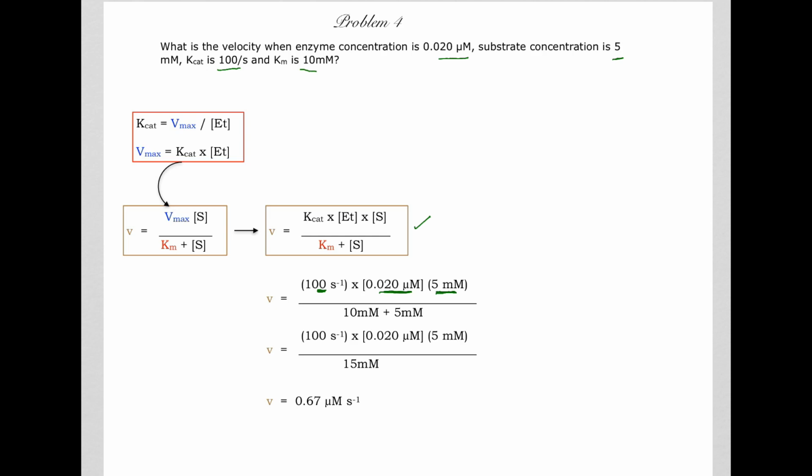Km is the same unit, 10 millimolar. Now notice that we didn't have to change this unit because this millimolar here and this millimolar here cancel. Okay, so we have only micromolar and second left. So when we work this out, the velocity comes out to be 0.67 micromolar per second.